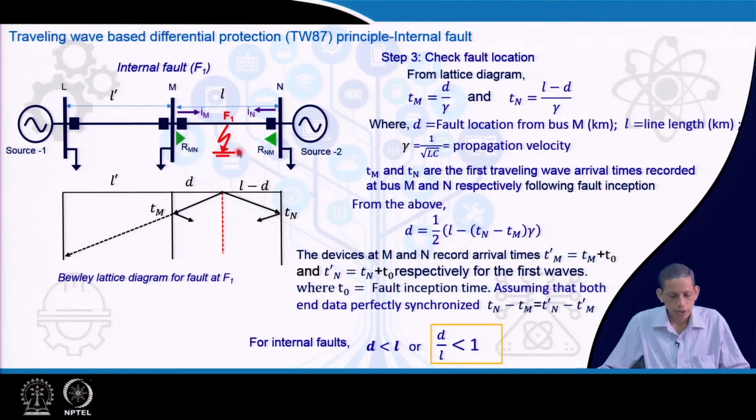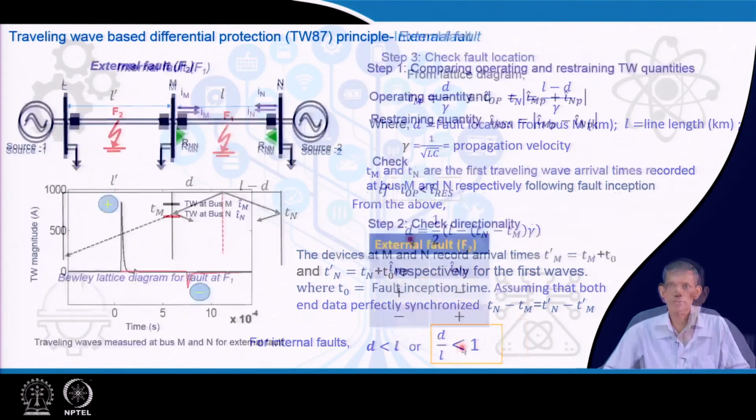So, for an internal fault d should be less than L, or d by L should be less than 1. So, once you ensure that from this relation using the time information at m and n end, we can compute d and ensure whether the fault is internal or not.